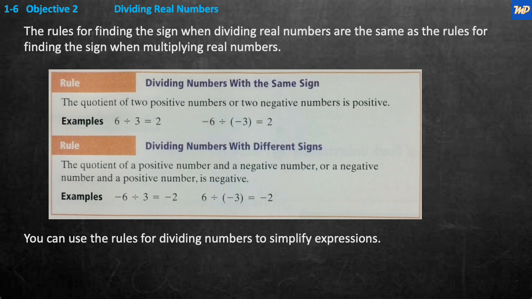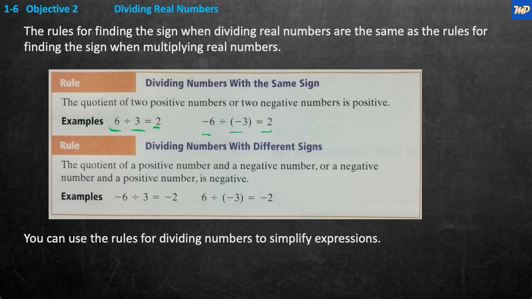So in the example here, you see 6 divided by 3 is 2. Negative 6 divided by negative 3 is 2. Two negatives or two positives give you a positive. How about dividing numbers with different signs? The quotient of a positive number and a negative number, or a negative number and a positive number, is negative.